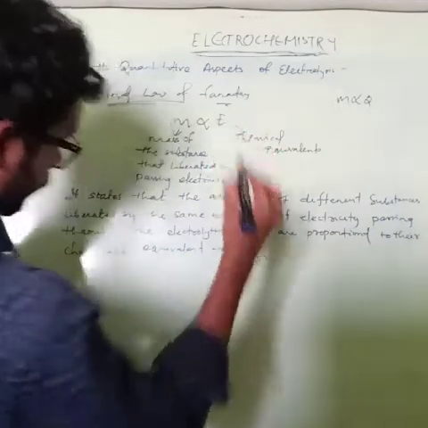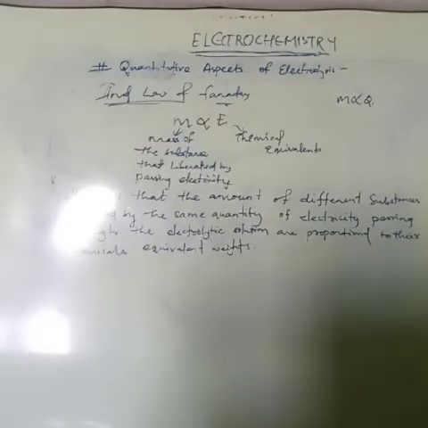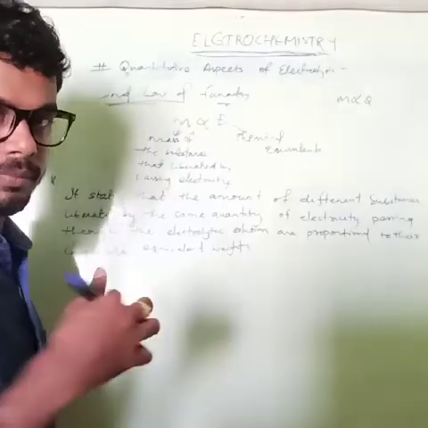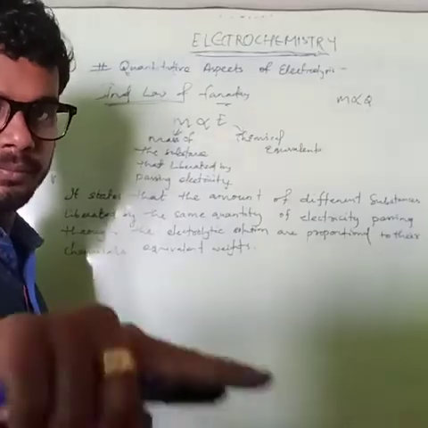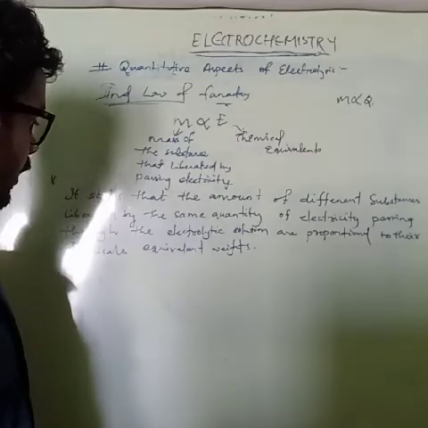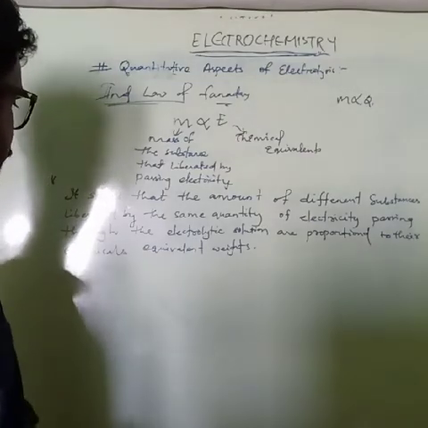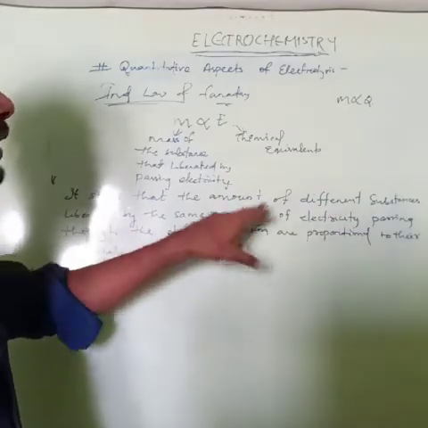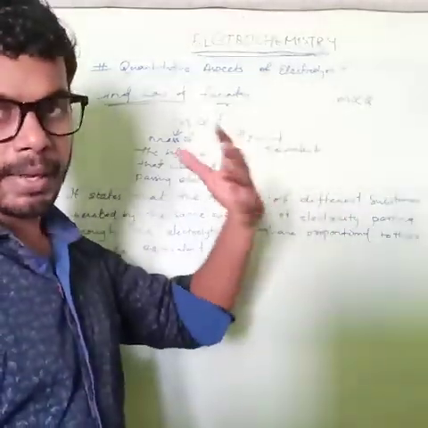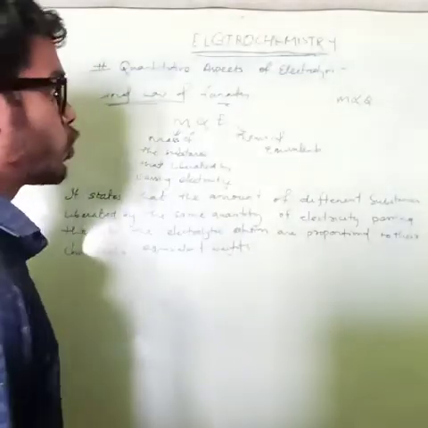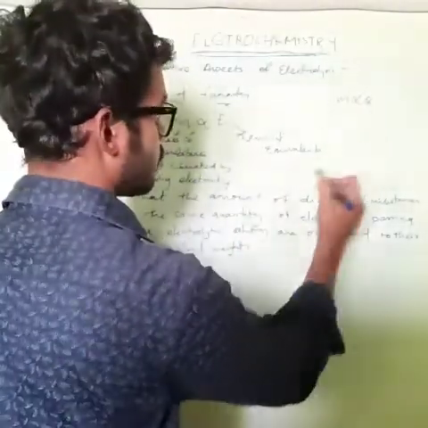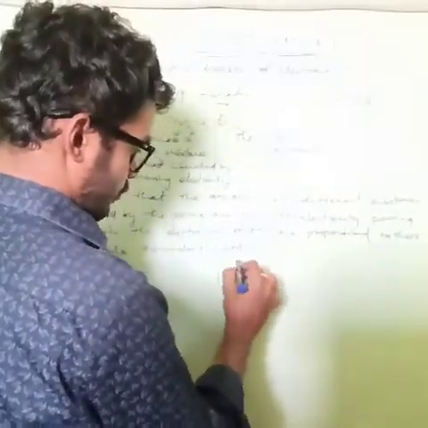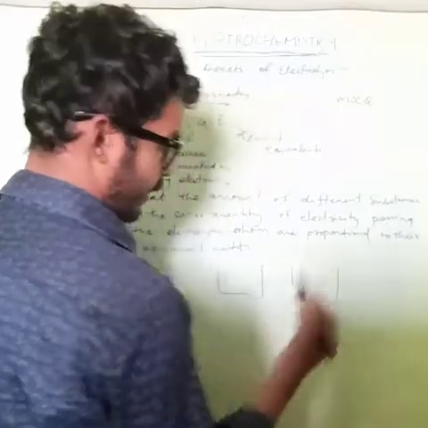Equivalent weights. The amount of different substances liberated by the same quantity of electricity. Whenever you apply the same quantity of electricity, suppose you have taken two electrolytic cells.